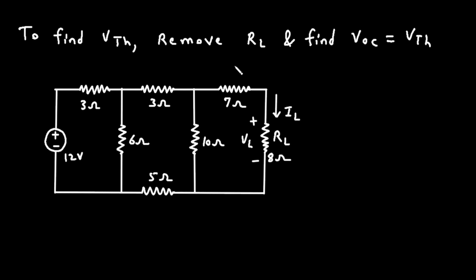This time we will remove this RL and this will be our VTH. This will be positive and this will be negative here. Now here we can see this 7 ohm is open circuited, so there will be no current. So that's why this voltage will be our VTH.